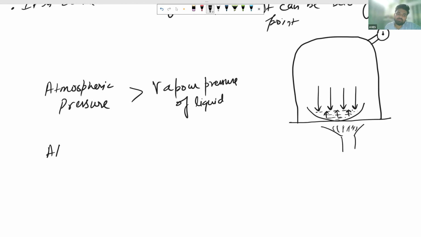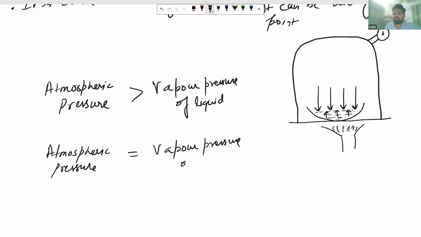But when you keep on heating, the particles start getting kinetic energy. You keep on adding heat to it, and the vapor pressure becomes equal to the atmospheric pressure.